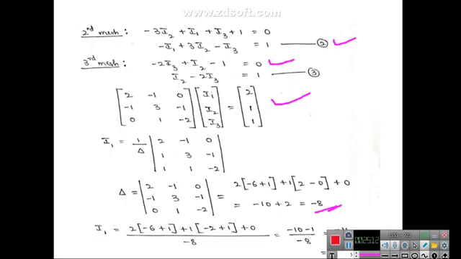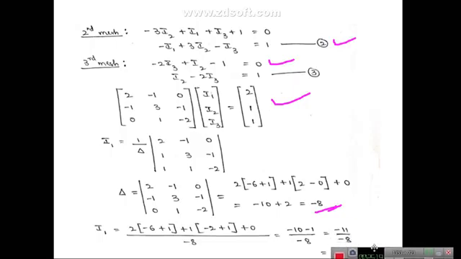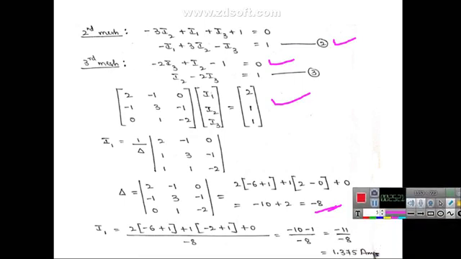If you find this value, you will get minus 11 by minus 8, that means 1.375 ampere.